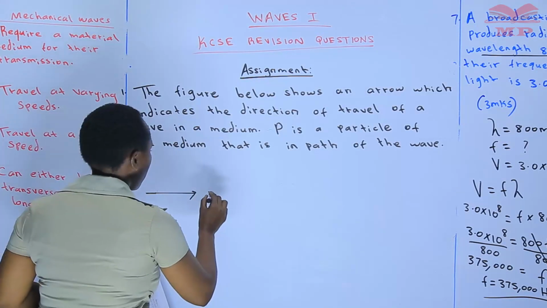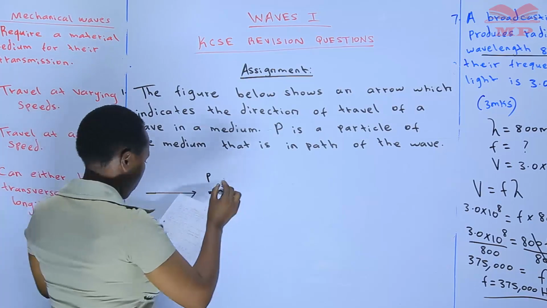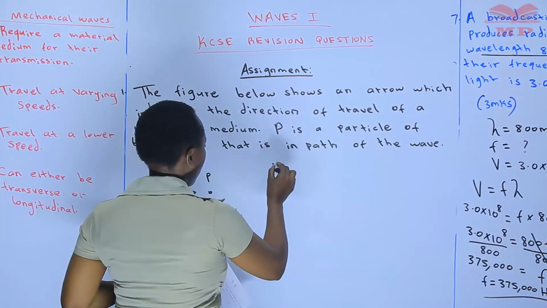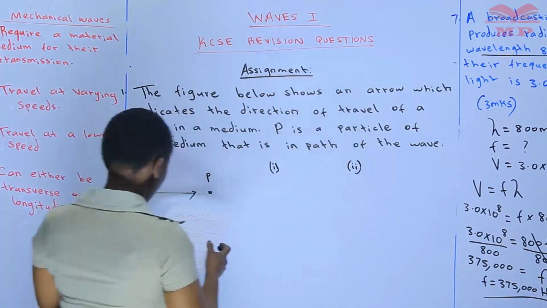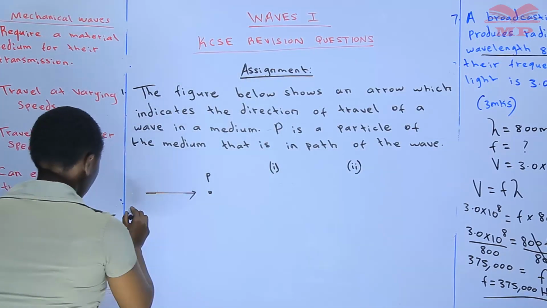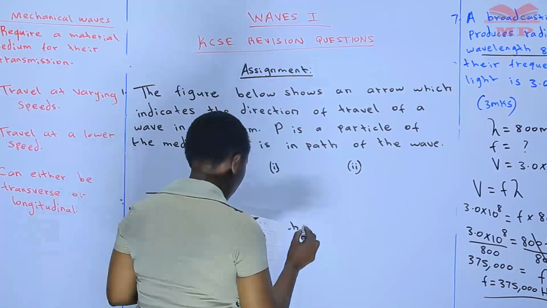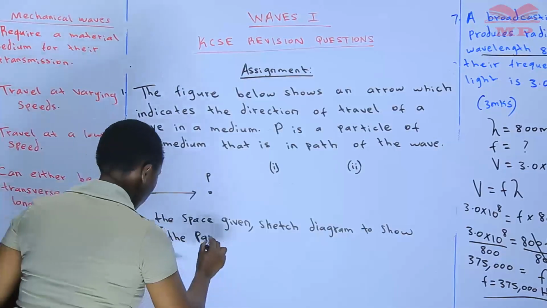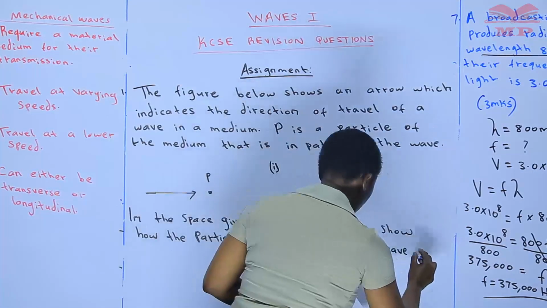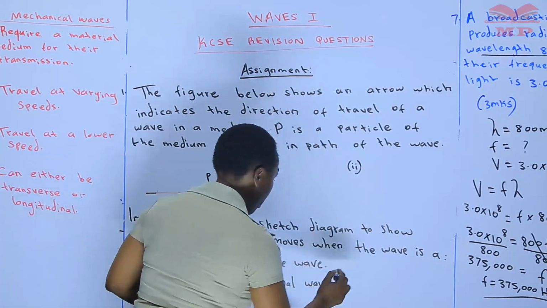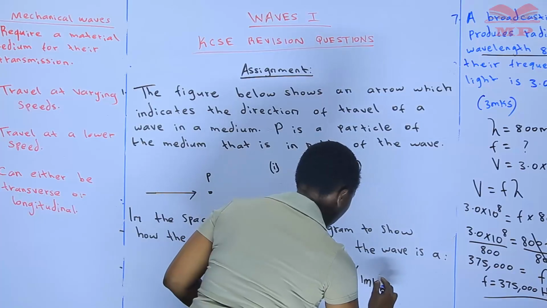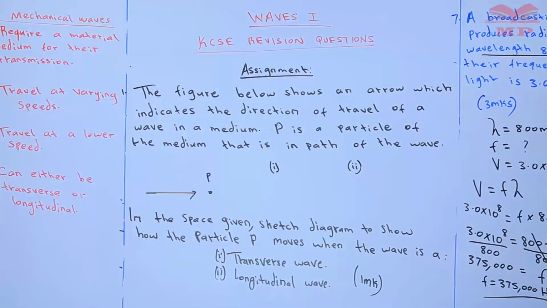This is the particle here, P. So here we have Roman 1 and Roman 2. And the question is as follows. And the question is carrying 1 mark.